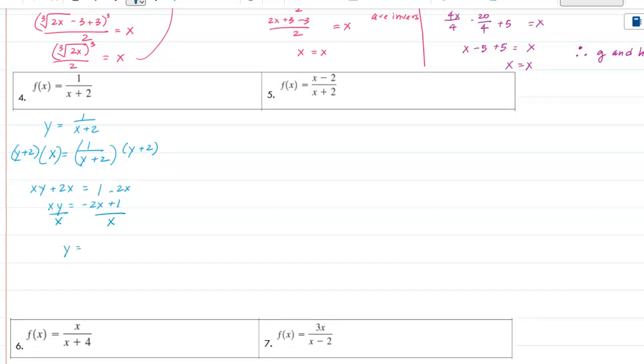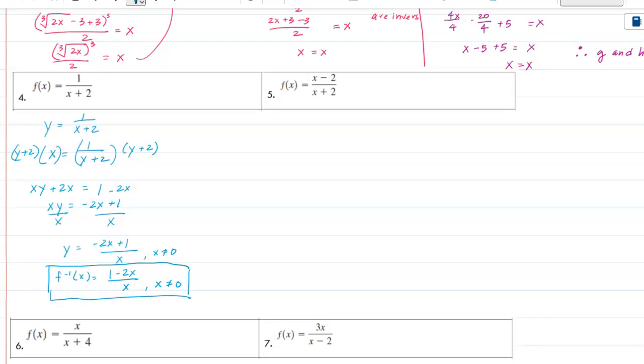So you get y equals negative 2x plus 1 over x. And it's pointless splitting it apart because you're really not going to simplify. Then we always have to state that x cannot be 0. So f inverse of x equals 1 minus 2x over x. And if you don't state the restriction on the denominator, I'll be fine because we really haven't gone over a real unit on rational functions.